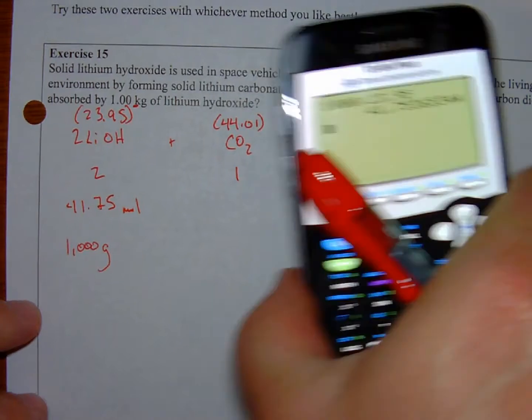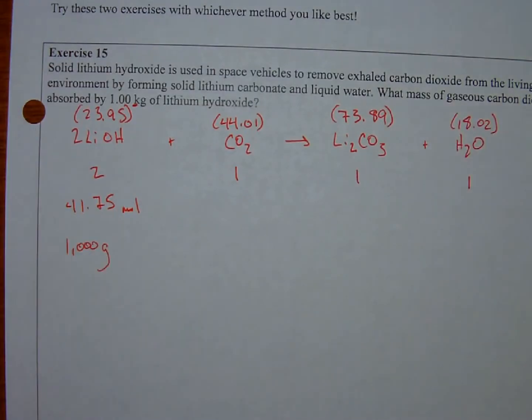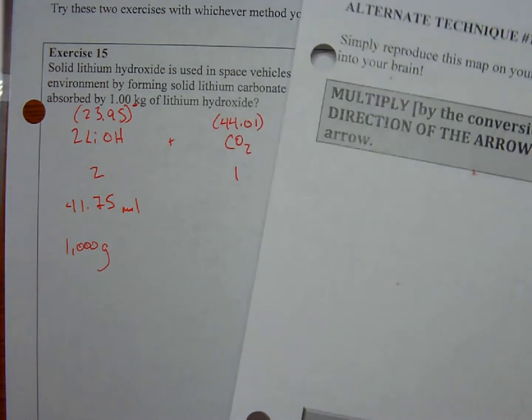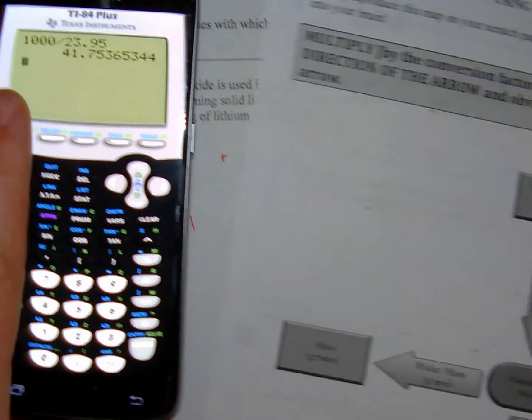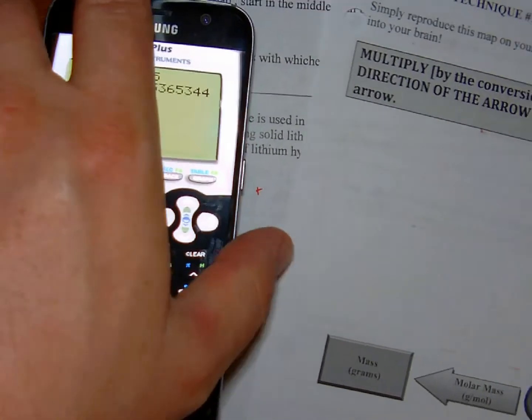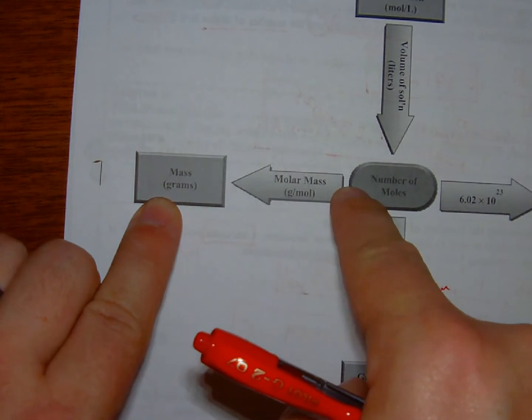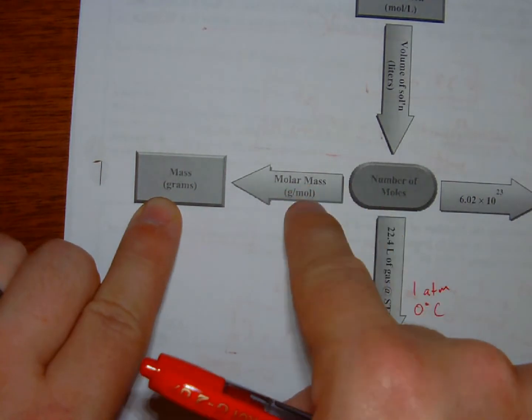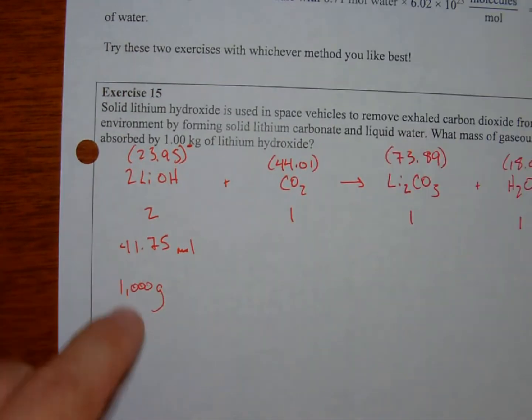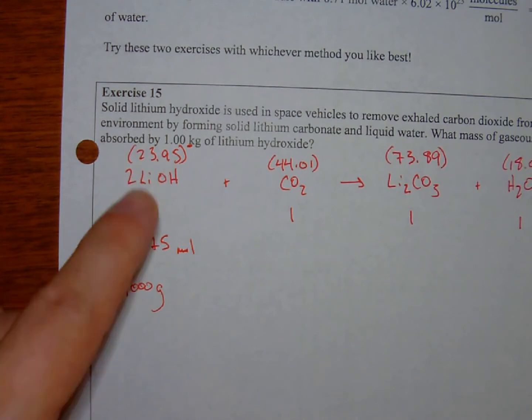Right? Again, if you don't trust me, see that I did division here. I did division right there. From the mass to moles, I went against the arrow, so I divided by the molar mass.